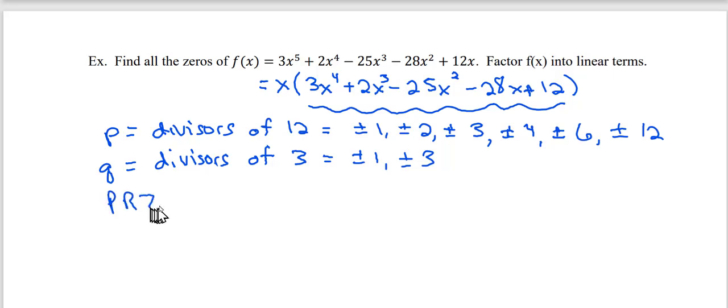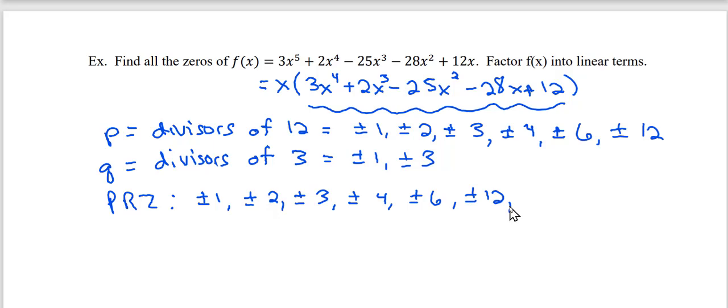So my possible rational zeros here, all of those over 1 are going to give me that first line. The p's will always be in your list of possible rational zeros because you'll always have 1 in the q's. Remember, you're looking at p over q. And then we have to put each of these over 3.